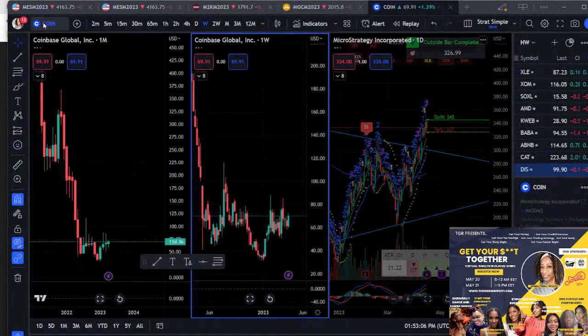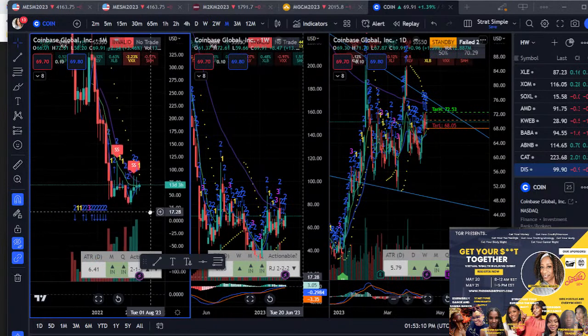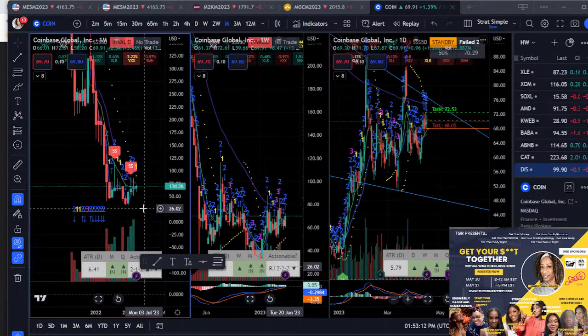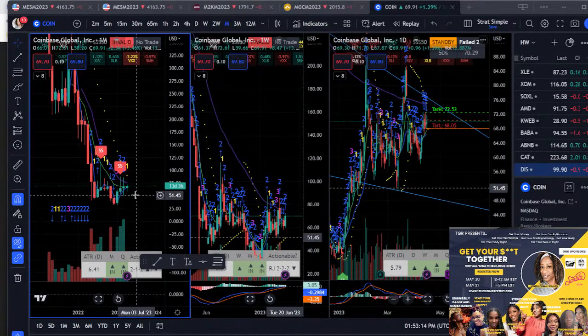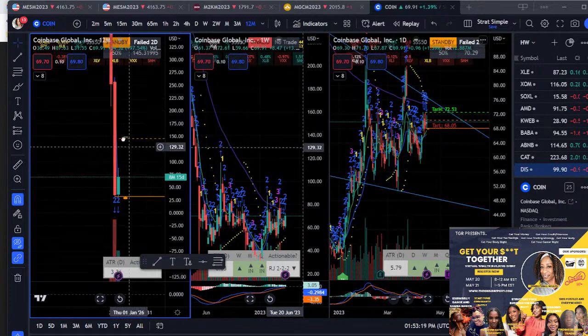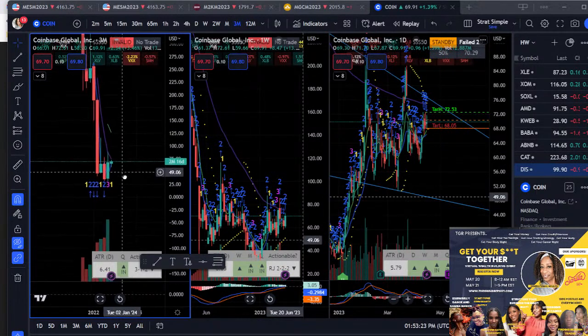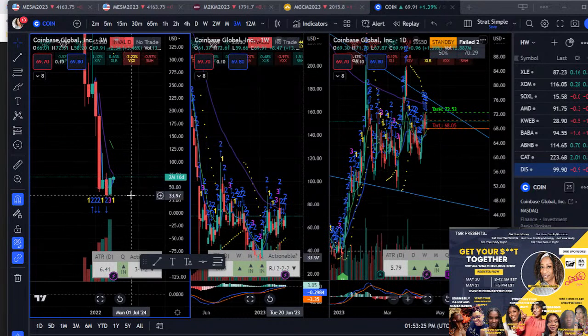Coin. Now, Coin has really, really been beat down. So this to me is a really good one, if it's really going to go, that could have some serious range. I mean, it's hit forever lows. We've never seen these lows before.